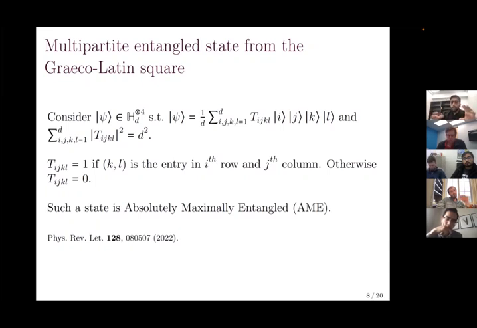And the corresponding state that you define in such a way is going to be absolutely maximally entangled.